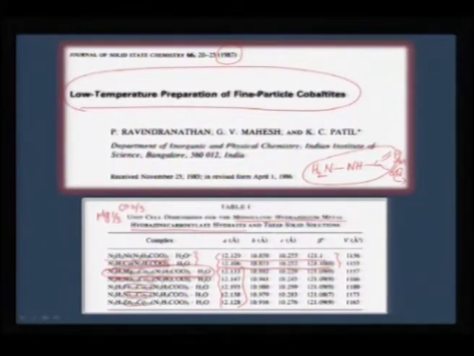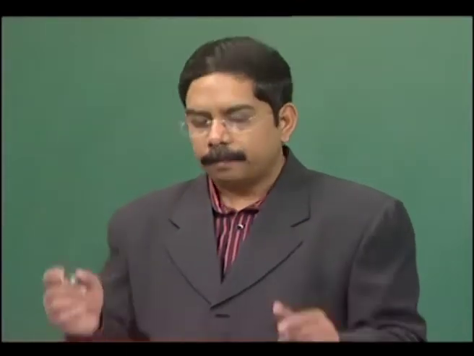So, as a result, we can say these are solid solution precursors. They are precursors for some oxide, but we call them solid solution precursors because they can accommodate more than one metal and still maintain the same crystal lattice.